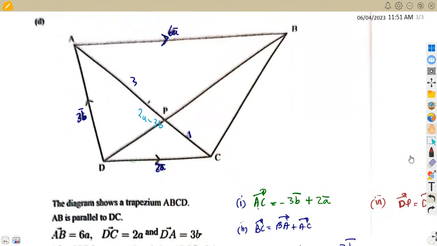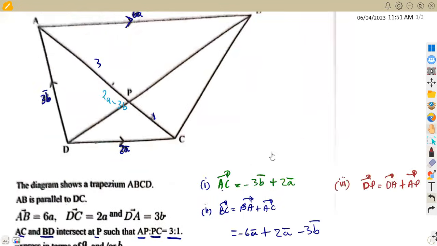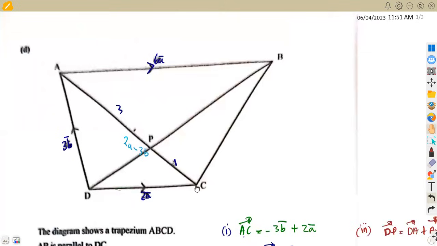Still, you can have the same answer. So I'm going to use D to A, then A to P. Why am I using A to P? Because I'm given from the ratio that A to P is 3 parts, and P to C is 1 part. So AP is 3 out of AC, which is 4 parts. So it's going to be 3 out of 4 of AC.